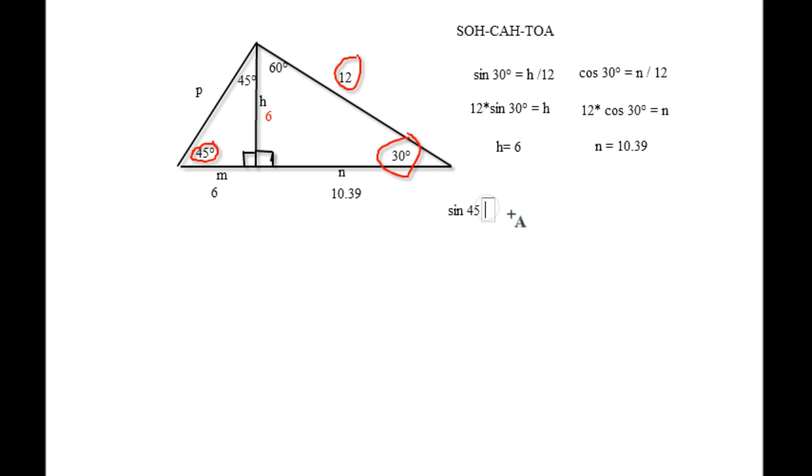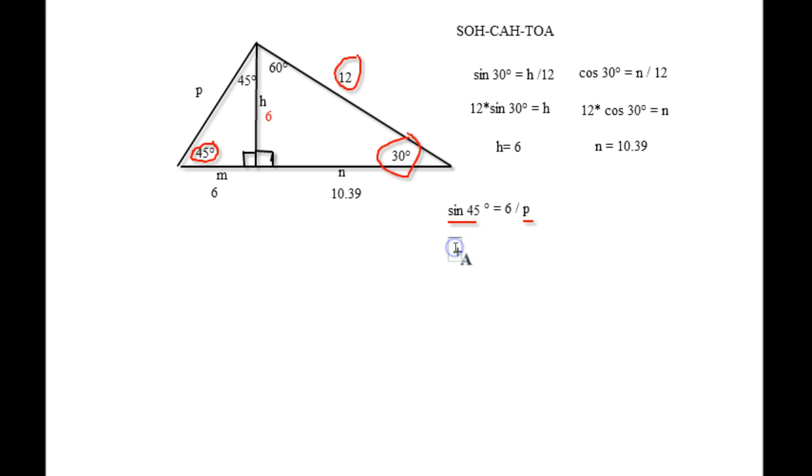So sine of 45 degrees equals, let me see, opposite, so it would be 6 divided by p. Now on this one I would have to switch places with the sine of 45 and the p.